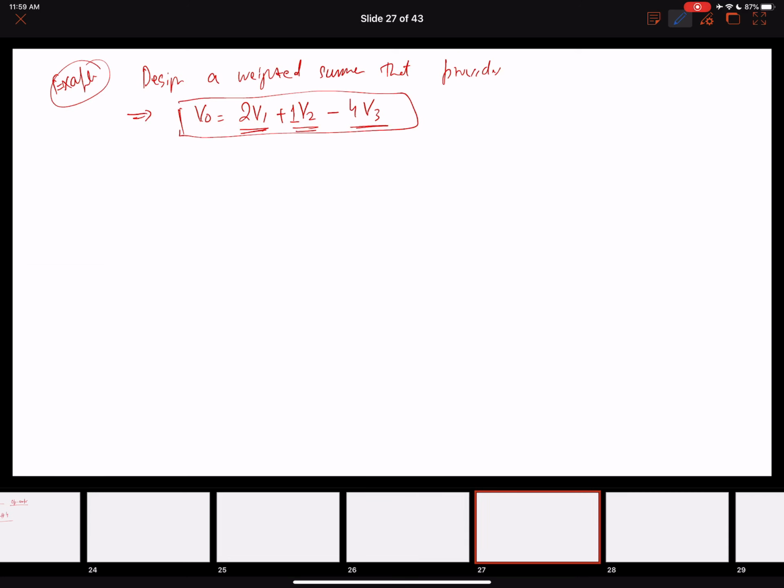So for this, I have RA, RC over R1, RB should be equal to 2, RA over R2 into RC over RB should be equal to 1, and then 4 should be equal to RC over R3.